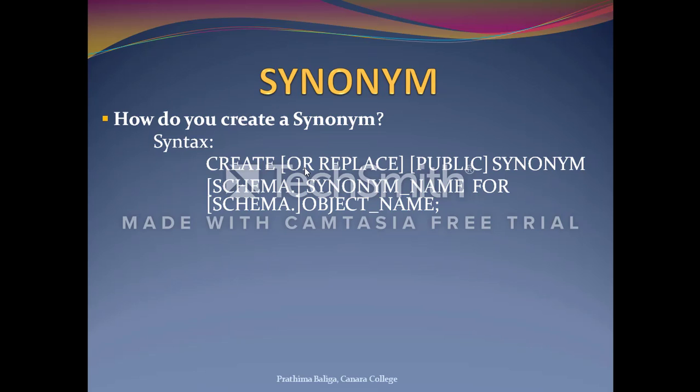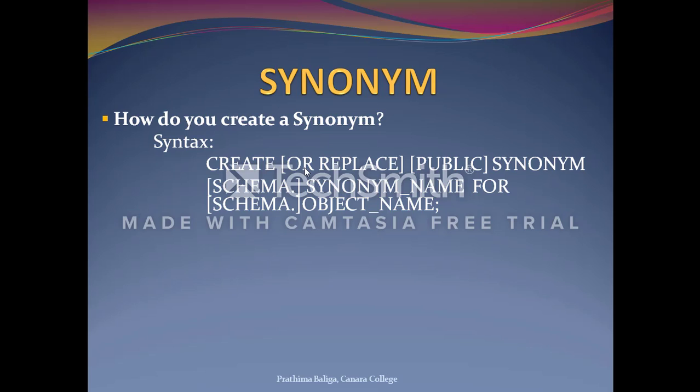This is again followed by the keyword synonym itself. We have the phrase schema, which is nothing but the appropriate schema. If this is omitted, Oracle assumes that a reference is made to the user's own schema. This is followed by a dot and the name of the synonym which you want to create.